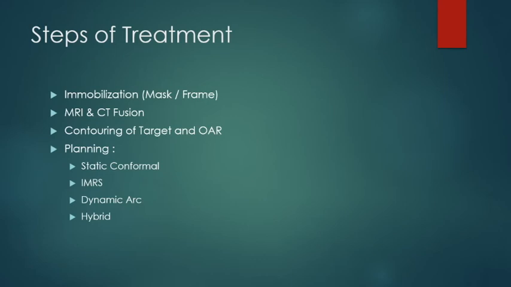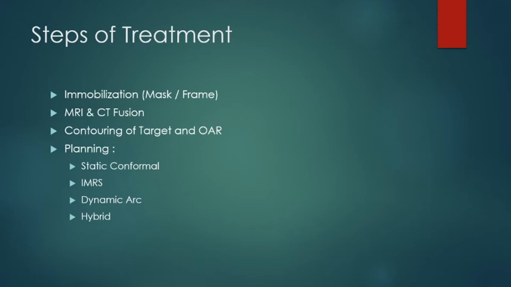Of course, you have the Gamma Knife on one hand, you have the CyberKnife on one hand, and my experience is primarily with the Novalis system, which is a radiosurgery-dedicated system, which can use either static conformal beam, IMRS beam, dynamic arc, hybrid arc, everything.